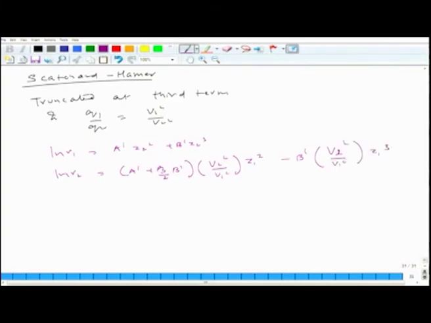Here A dash and B dash are functions of the A's and B's. I won't write it in detail because I don't expect you to remember this as well. But what is important is that Scatchard-Hamer captures the complexity in between Van Laar and Margules, so it is intermediate in complexity.